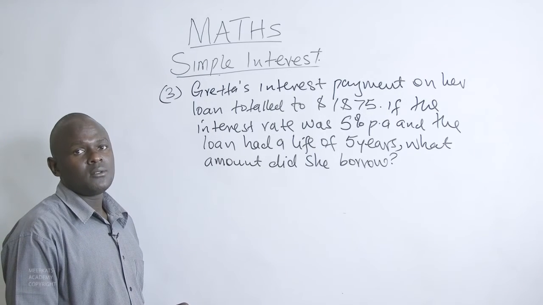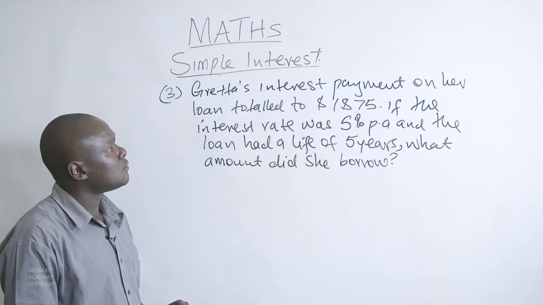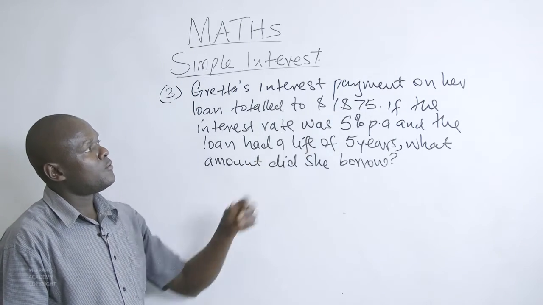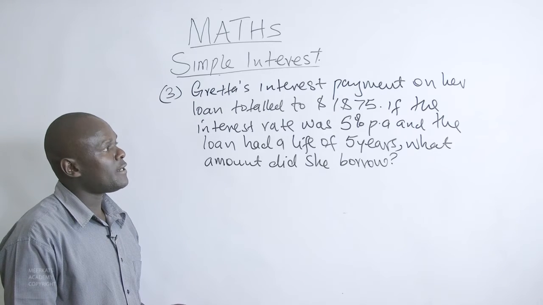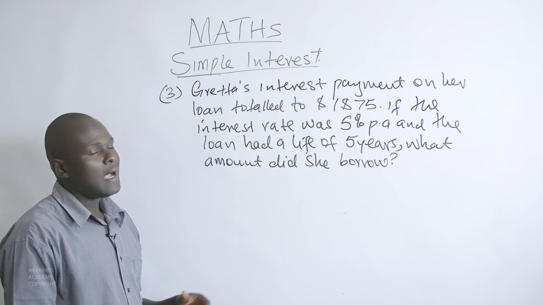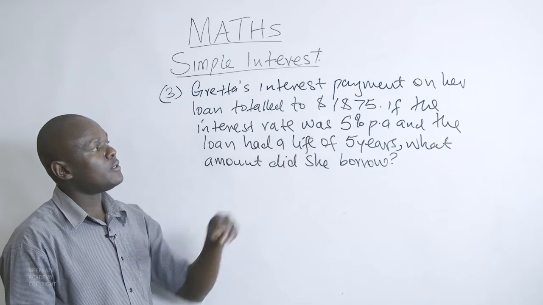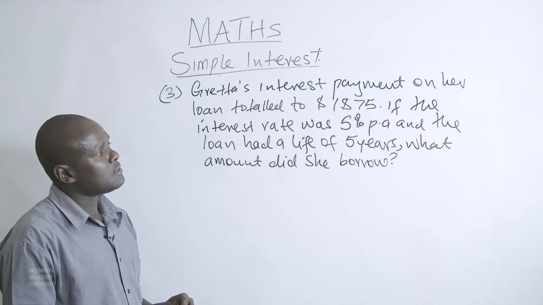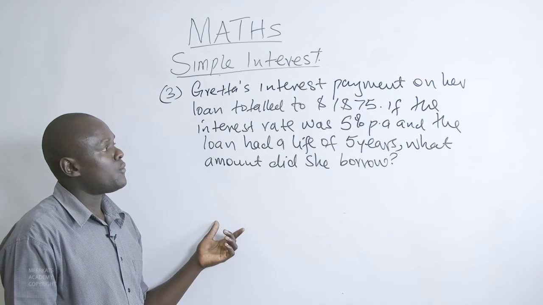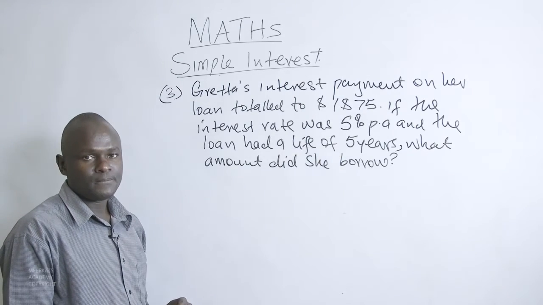In this third example, we have a lady whose interest accrued is $1,875. And the rate of simple interest we are provided with is 5% per year. The period through which that interest was accrued is 5 years.